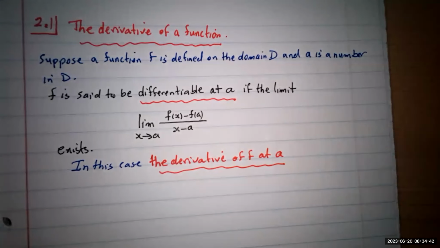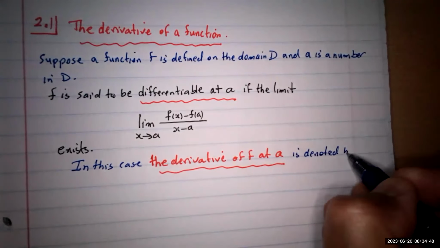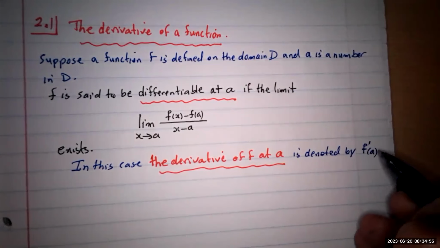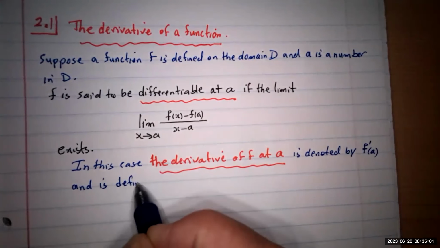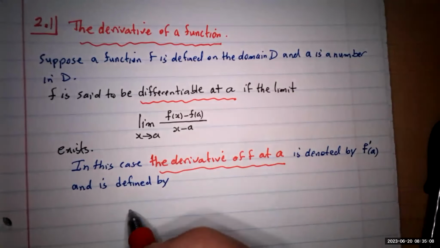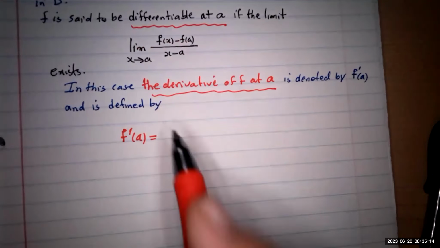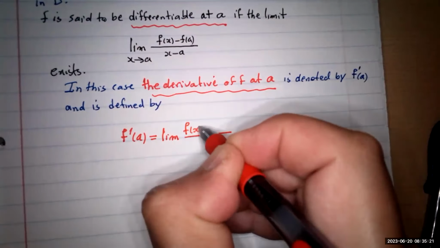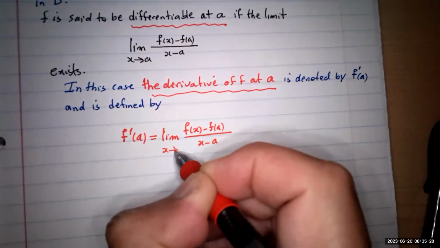The derivative of f at a is going to be denoted by f prime of a, and is defined by this formula: f prime of a equals the limit of exactly the one that we put at the top, f of x minus f of a over x minus a, as x goes to a.